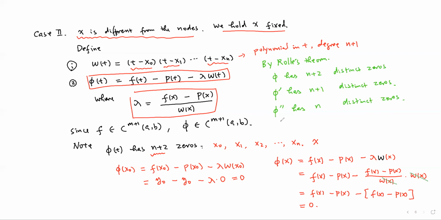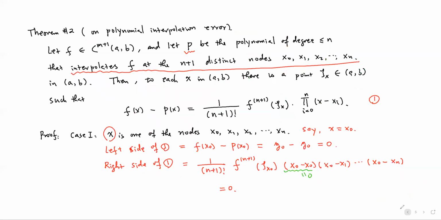Okay, and then finally, take the derivative n plus 1 times. Here I made a mistake. Here this m should be n. Yeah, I need to change my notes. Okay, this m should be n.